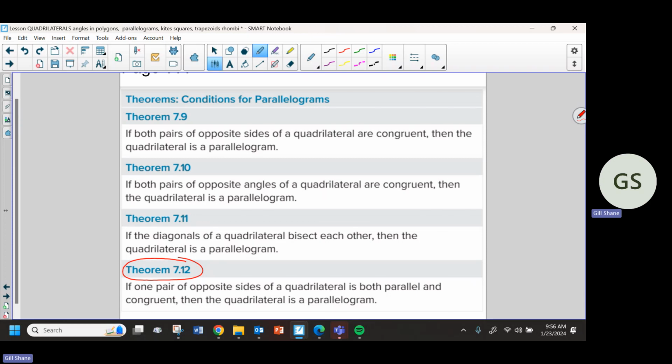Is one pair of opposite sides, so either top and bottom or left and right, parallel and congruent? No, right? Opposite sides are congruent, but the other ones are the ones parallel. That doesn't work. So none of these work. So number 6 is a no. No bueno.